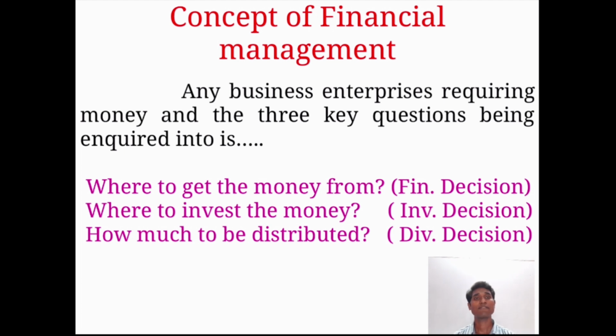Then comes the investment decision, that is, the business should answer where to invest the money. Once we have money, the second question it needs to address is where to invest the procured money, in which avenue, which project, or which machinery, for example. So it needs to address the avenue in which the money is to be invested.